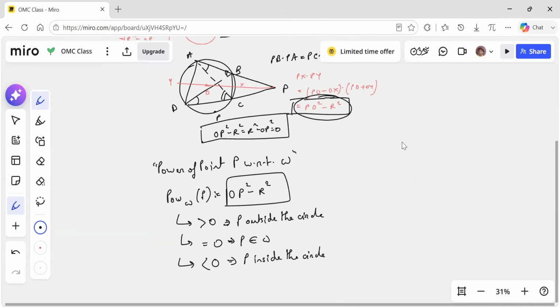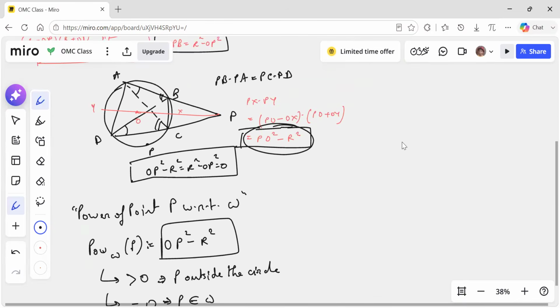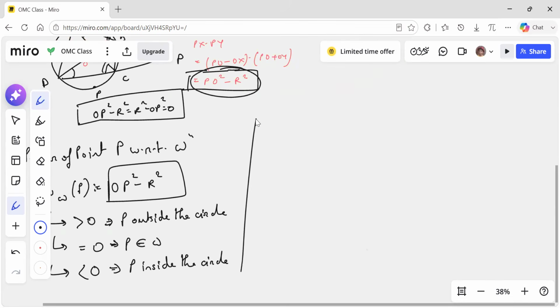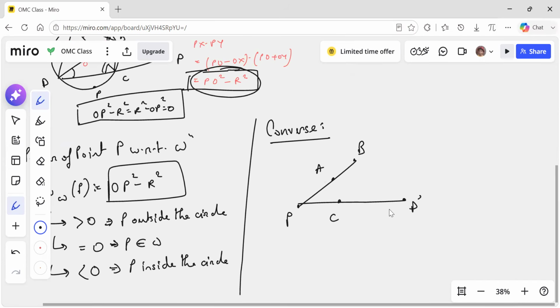So yeah. And now let's see what is the converse of power of a point. So this was power of a point, and let's look at its converse. What this basically says is that if you have P and you have two rays like this, A, B, and let's say here is C, here is D. And it satisfies that PA times PB is equal to PC times PD.